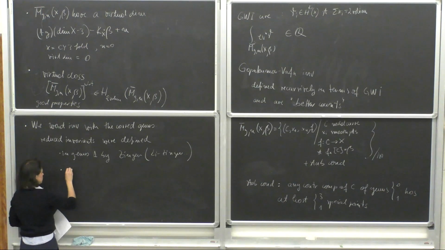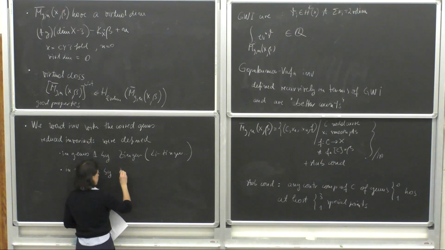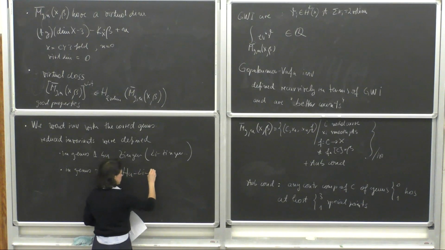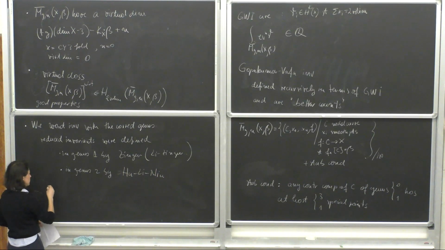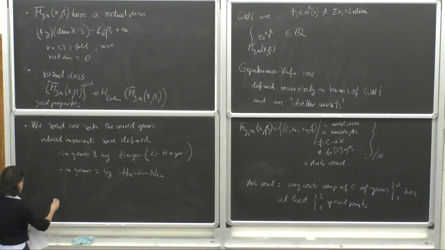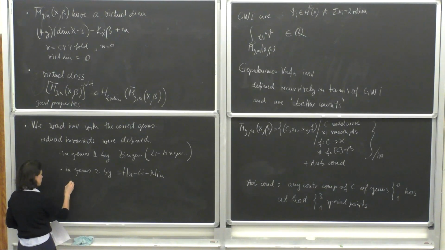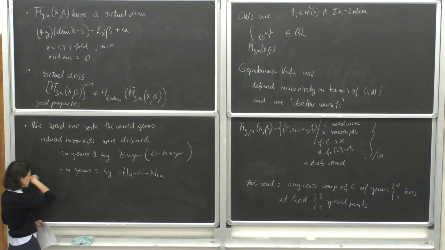And in genus 2 by Hu, Li, and Liu. And this construction was actually something very, very complicated. And this is a story which is kind of 15 years old. And this is very recent, and then there was nothing.